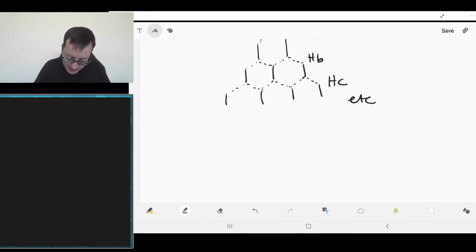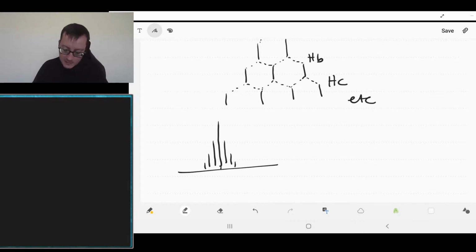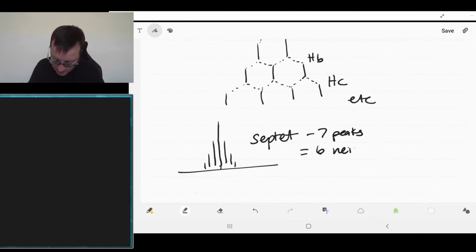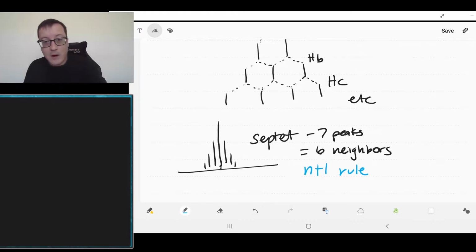We're going to see that this peak will look like this. We will end up with a septet, is what this is called. We have 7 peaks, which comes from 6 neighbors. And so we're going to see that splitting occurs by the n+1 rule.